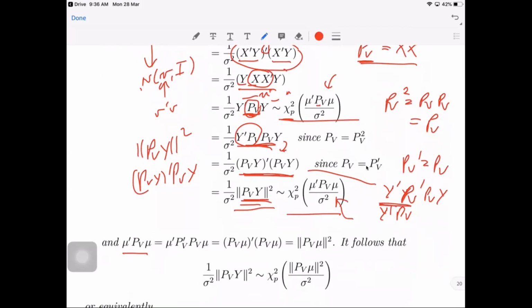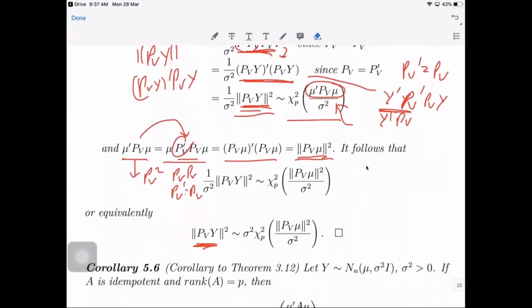But mu prime PB mu, this one can just be simplified as the square norm of PB mu, or the projection of mu onto V. So from here to here, we know that we can write this as PB square, because PB square is just equal to PB, and here PB times PB, but PB prime is just equal to PB, so pwede nimo butangag prime, so that you can write it as the square norm.